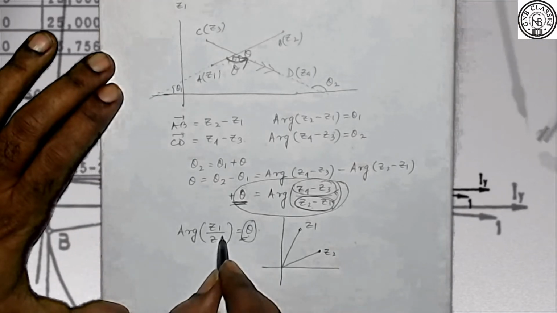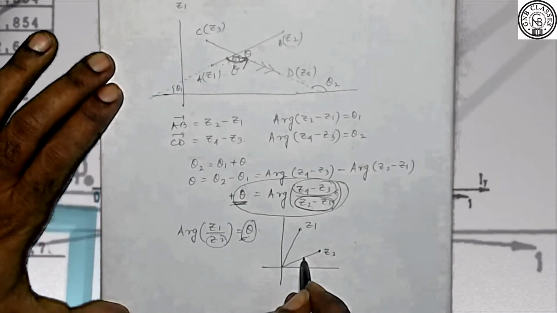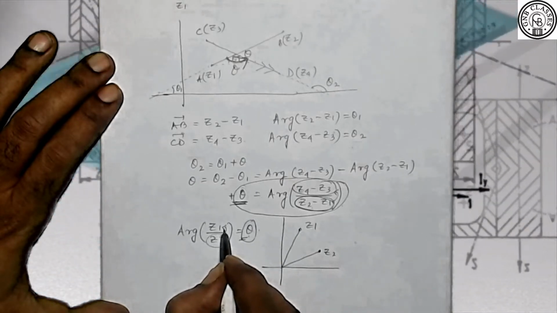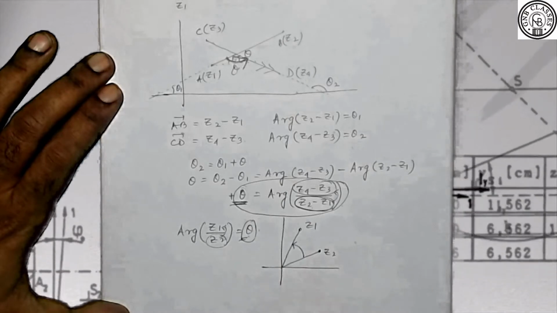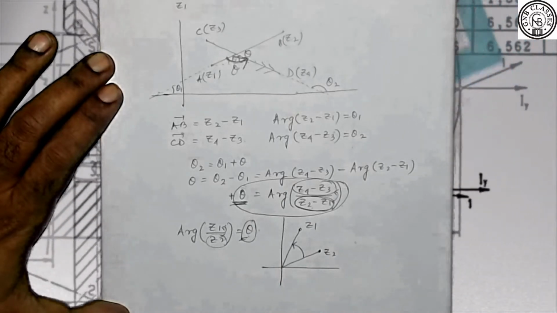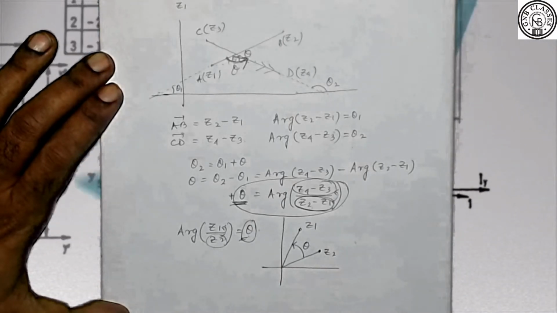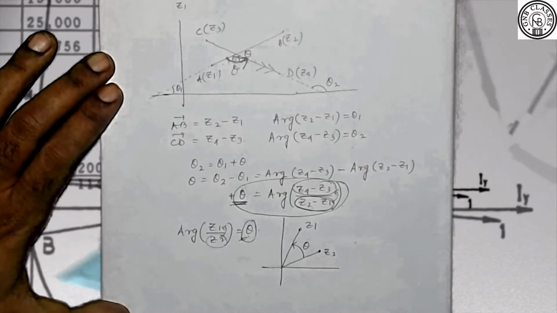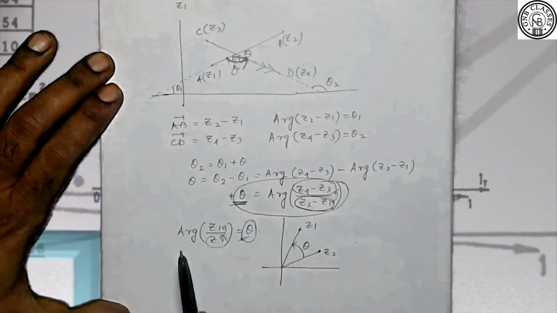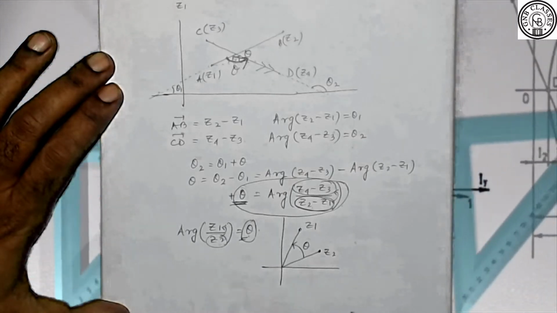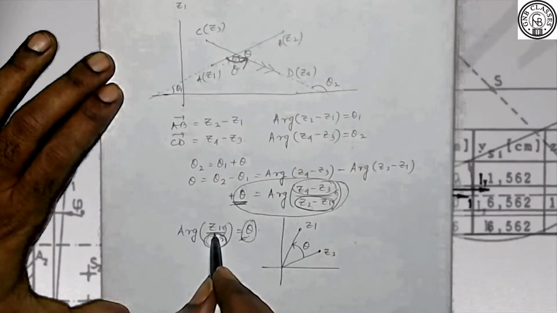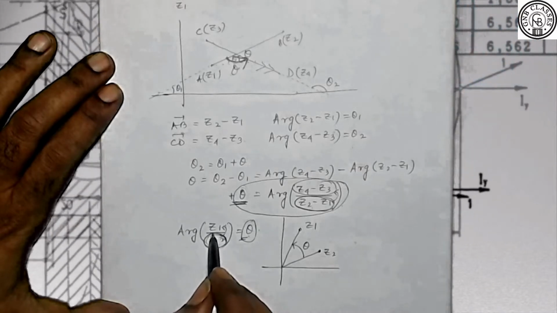So we will start from the denominator, that is from here, and we will go to the numerator, that is z1. So the angle will be measured in this way. Is it clear? This angle will be theta in that case. Is it fine with you people or not? So whenever argument of z1 by z2 is given, we will start measuring the angle from z2 and we will end at z1.